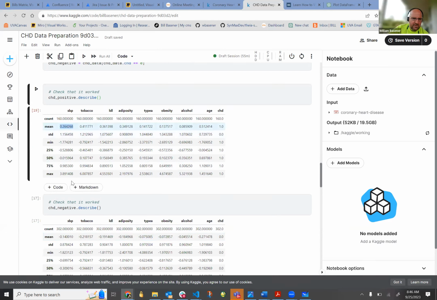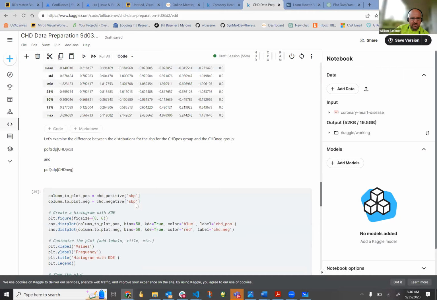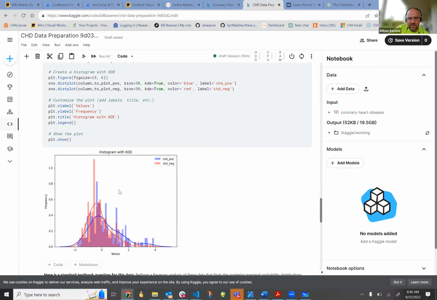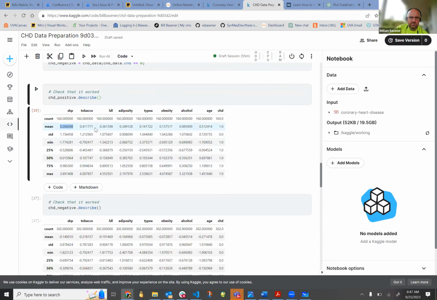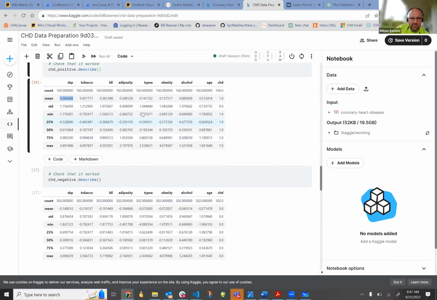Let's think of it like a baseline: this is a 0.35 standard deviations difference for SDP. And we saw from this plot that seems to be meaningful, but not conclusive. So 0.35 is okay. Obesity, a little bit of a difference. Alcohol 0.008 to negative 0.045.